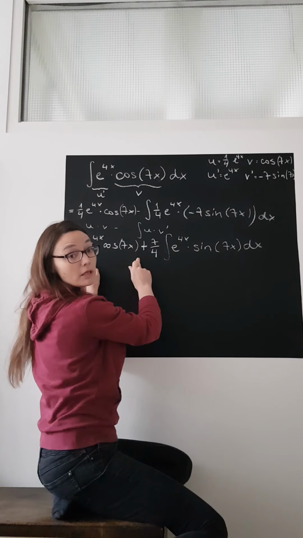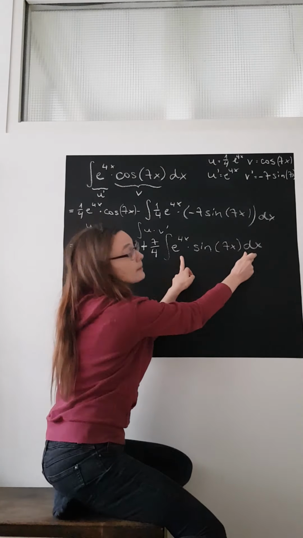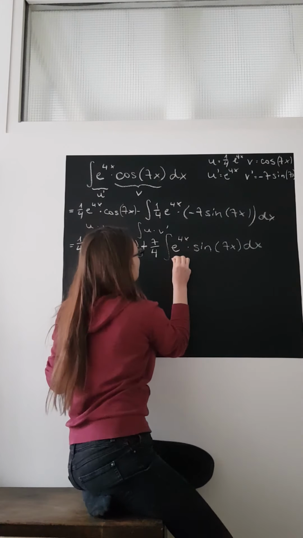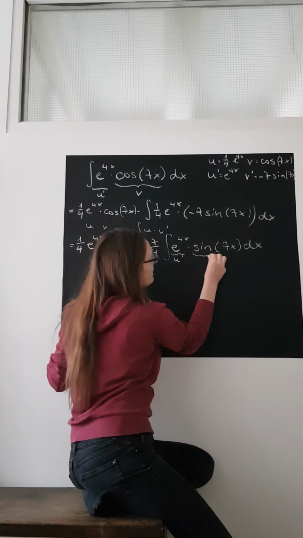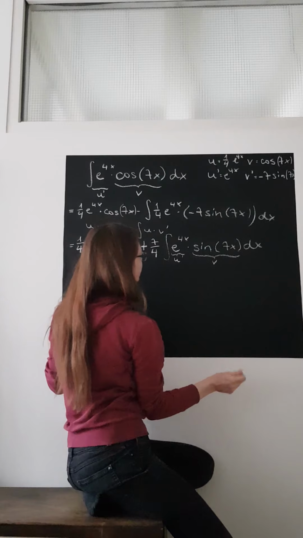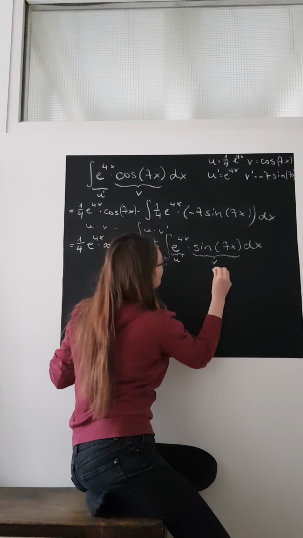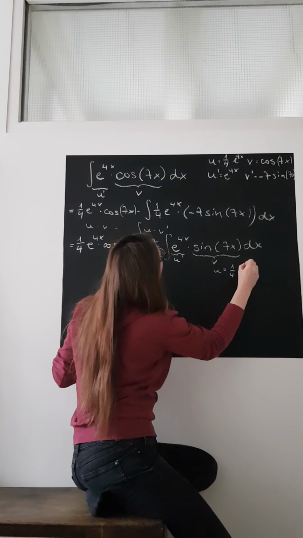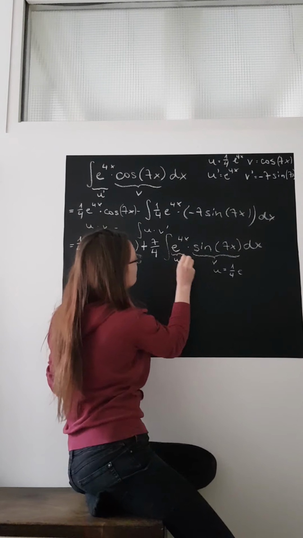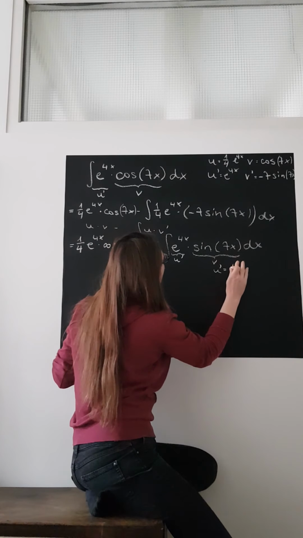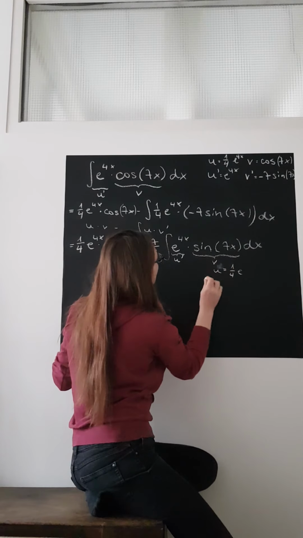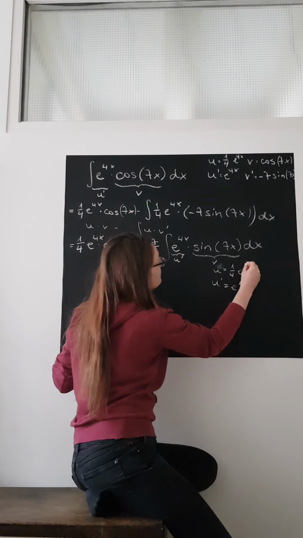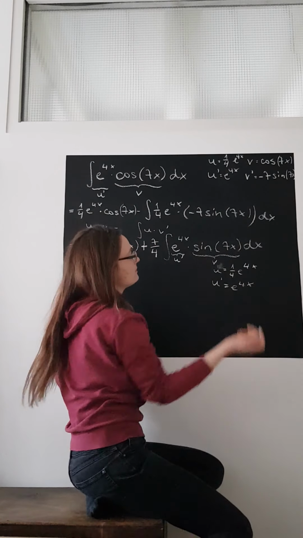Okay, this is good. No integrals here anymore. That needs to be solved. Do the same thing again. So now this should be u prime and that should be v. Now u prime is copying, it is e to the power of 4x, and the antiderivative is that, same thing as above.